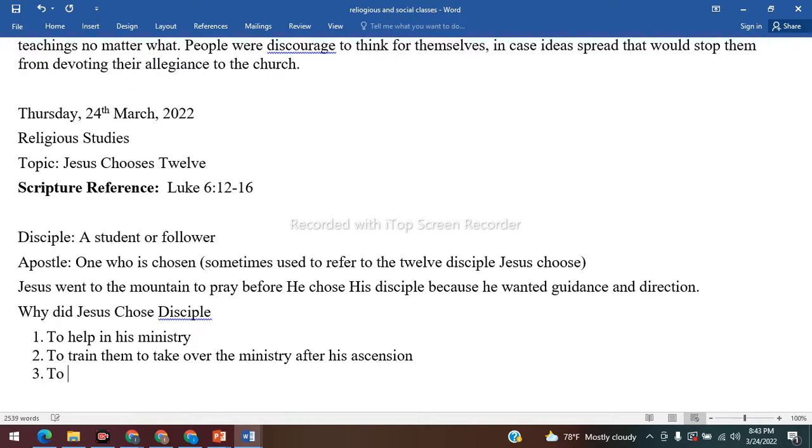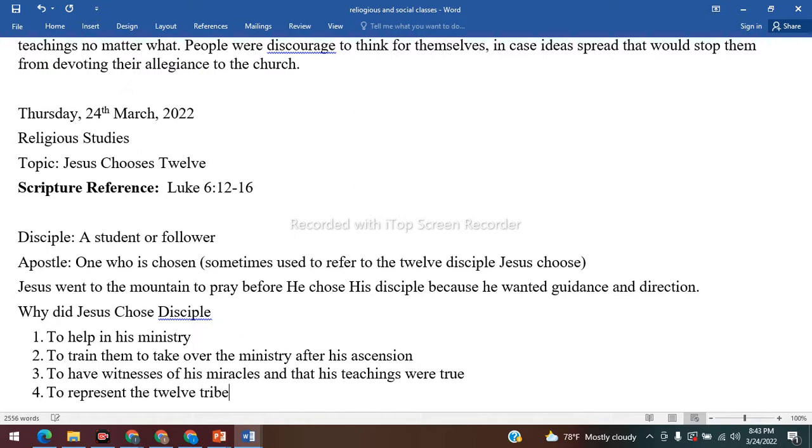To have witnesses. It's very important to have witnesses of his miracles and that his teachings were true. To represent the 12 tribes of Israel.